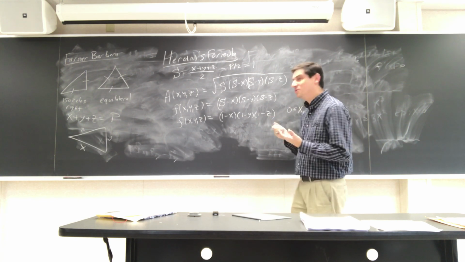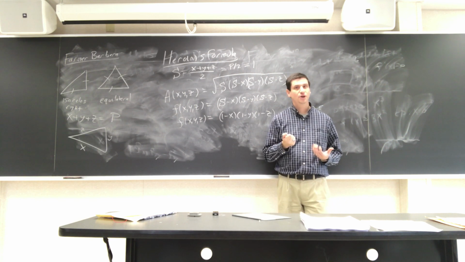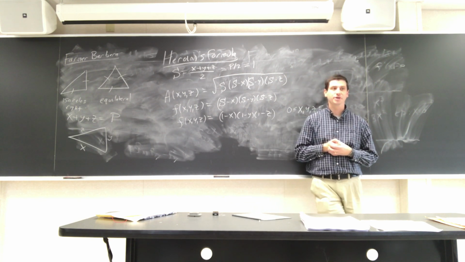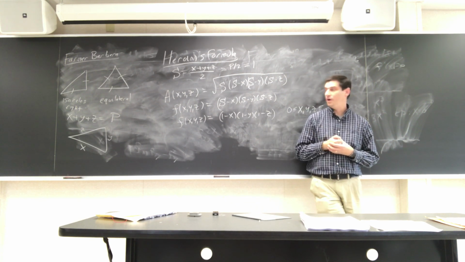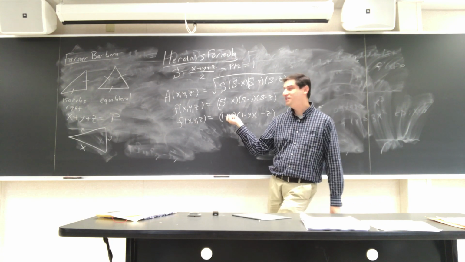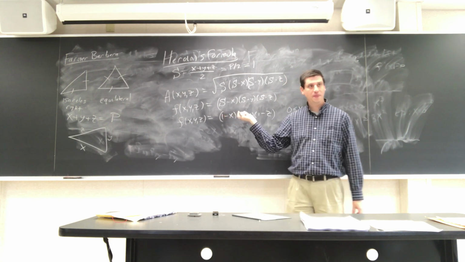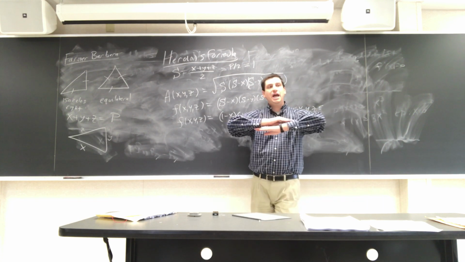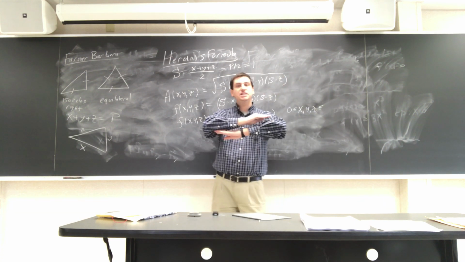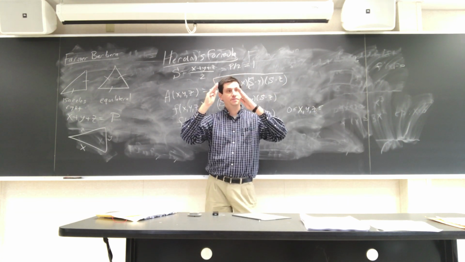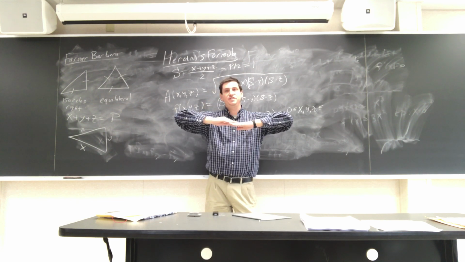I'm not going to have a triangle with a negative side. What's the largest x, y, or z could be? 1. If x, y, or z was greater than 1, we'd have a negative number here, which should frighten you. But also for a triangle, any side is less than or equal to the sum of the other two sides.